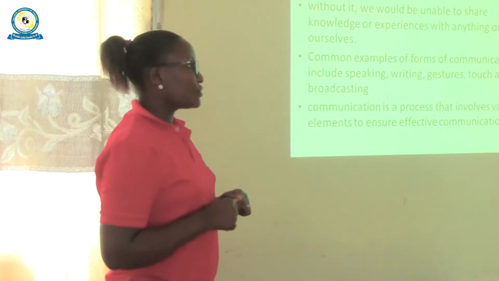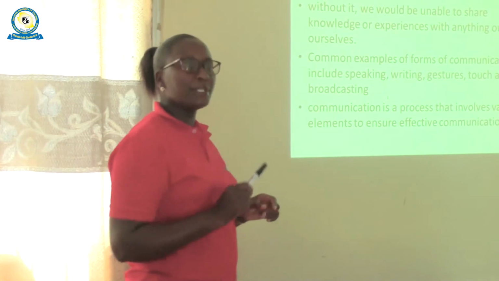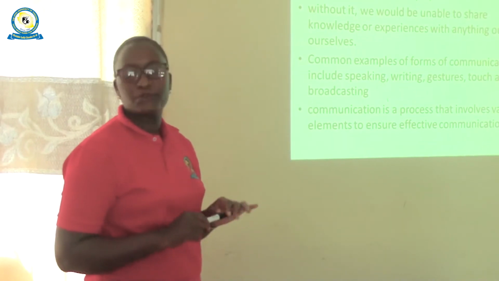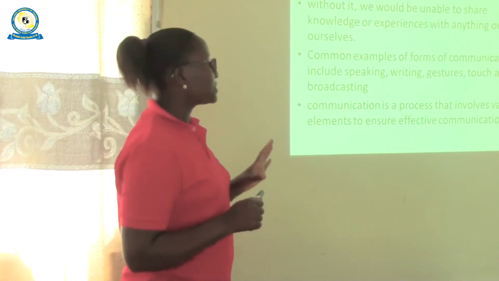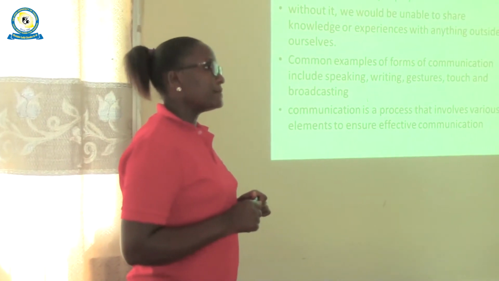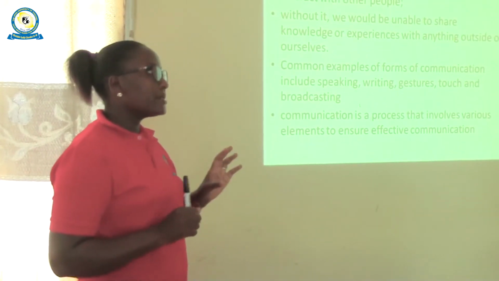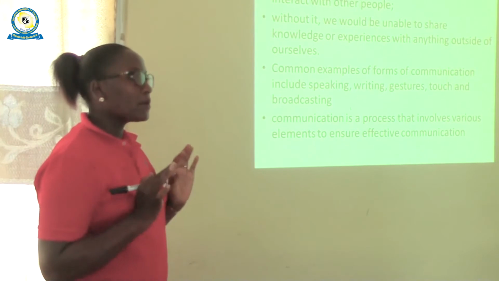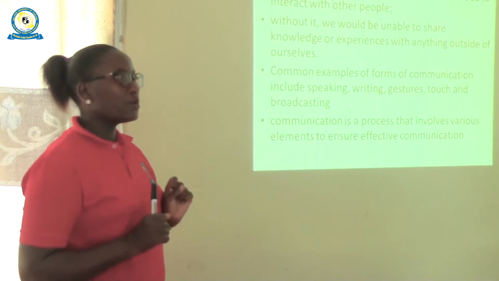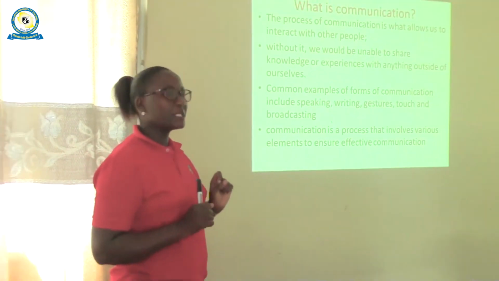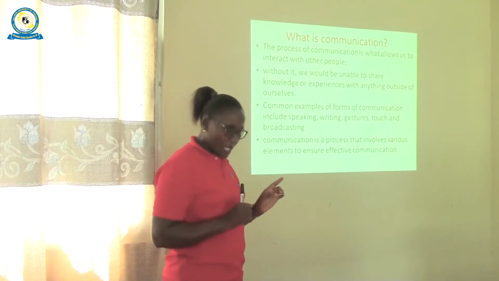But when we come to this course, we learn that actually communication is a systematic process. It must involve core elements in order to ensure that communication takes place effectively.